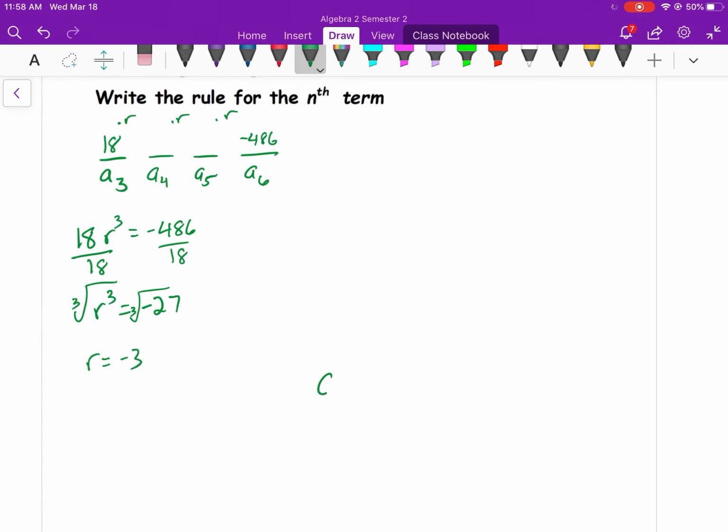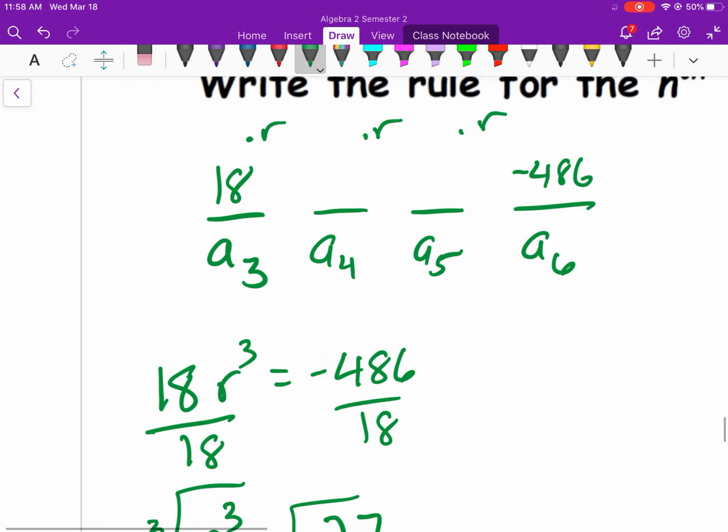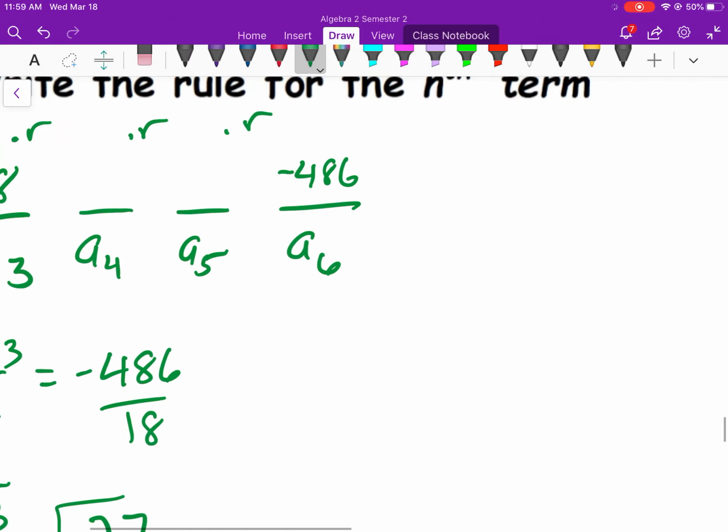So at this point, I got a sub n is equal to a1 times -3 to the n minus 1. Working back, if I just work backwards, a2, a1, that's my goal, is to get there.